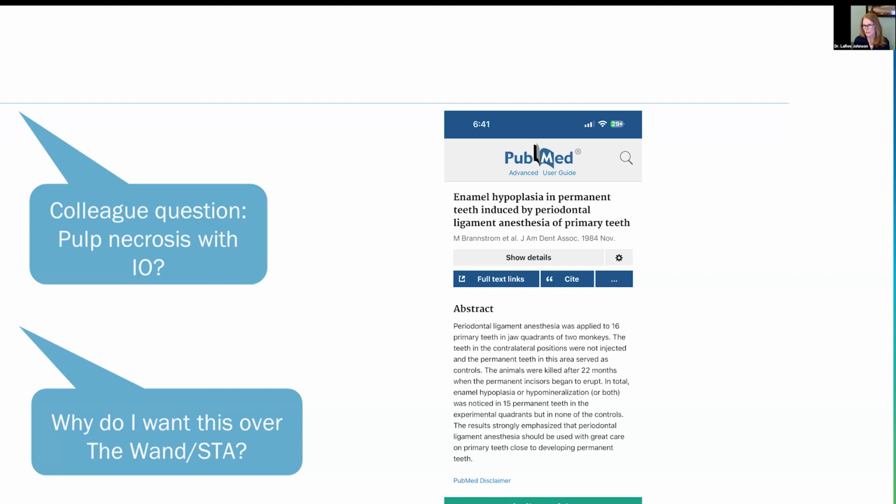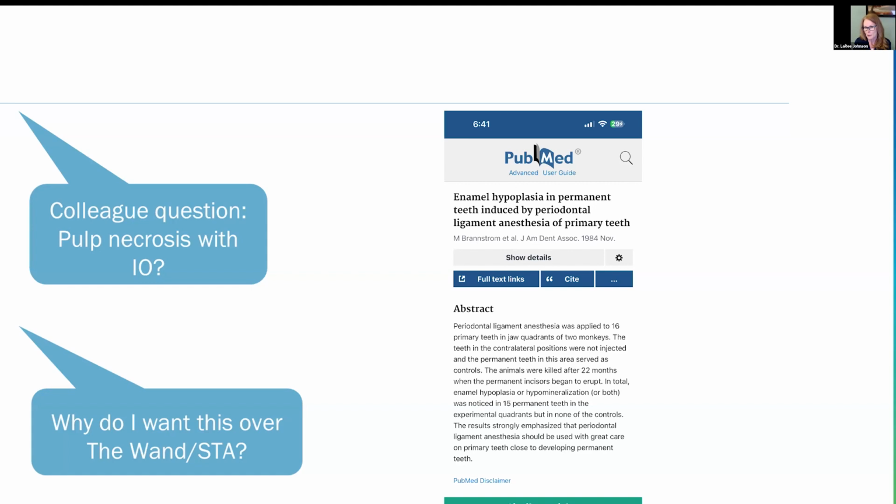So first of all, the Wand is basically a periodontal ligament device. That's why it does one tooth. You are anesthetizing one tooth. And we see so much, and we're supposed to call it molar hypomineralization now, but back in the day we called it enamel hypoplasia, we see so much of this in our practices. I mean, every day of my life, I see this.